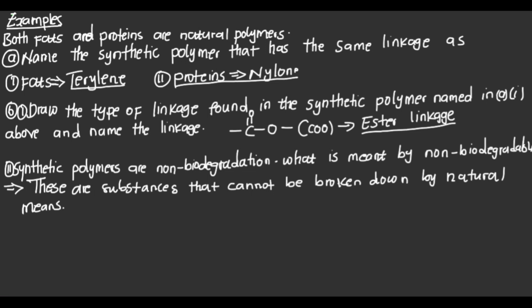So this is one of the ways in which we can define it, but there are so many ways. These are polymers, these are molecules. The key point is they cannot be broken down or they cannot decompose by natural means. That's a key point here.